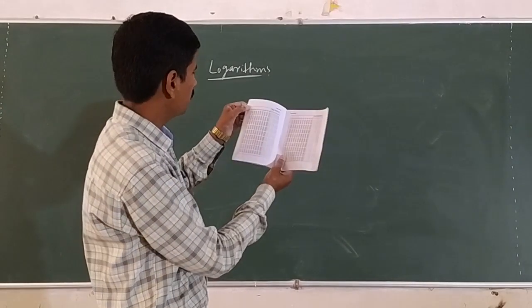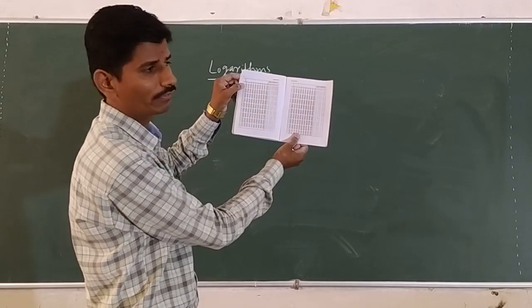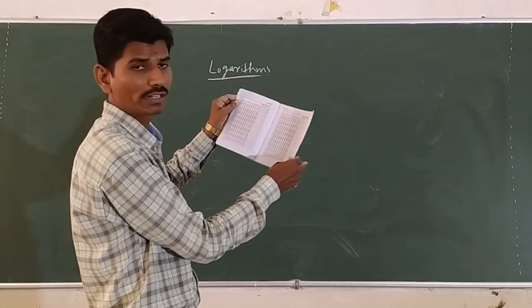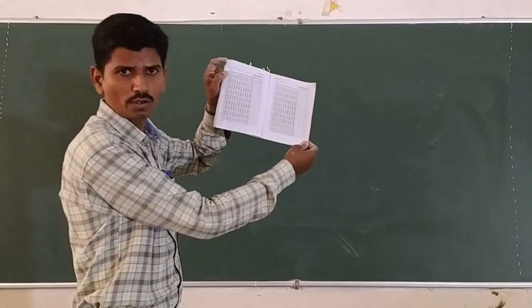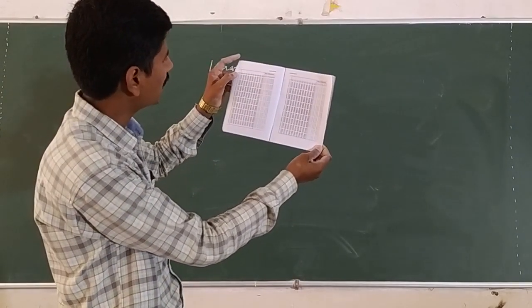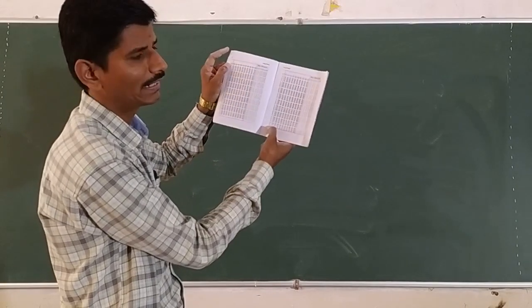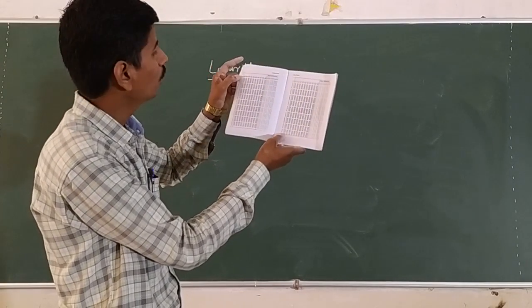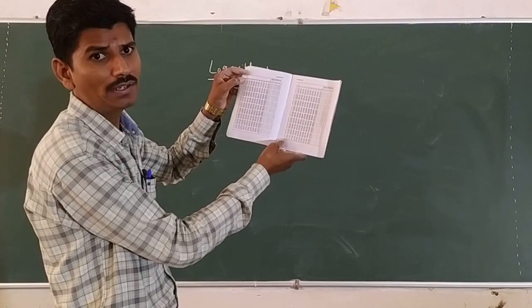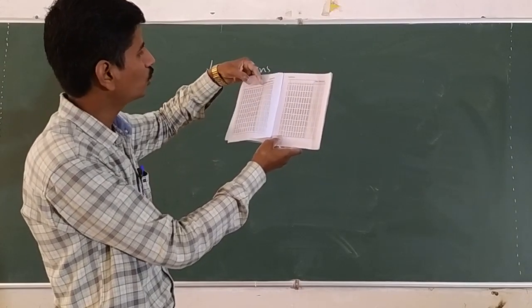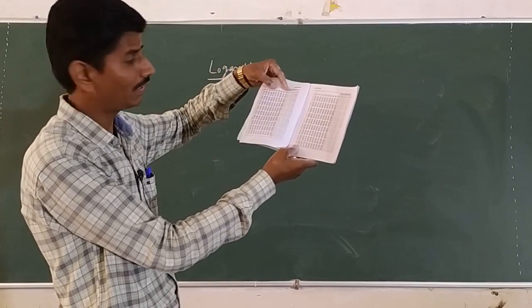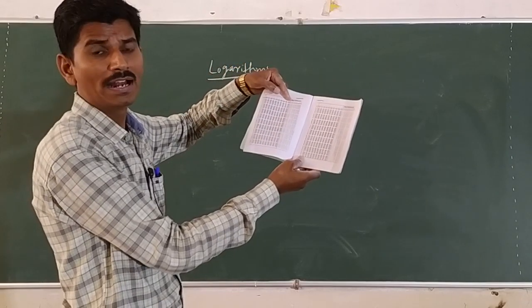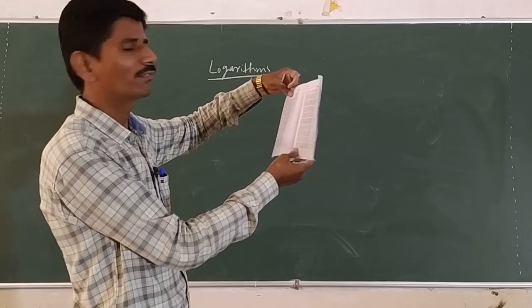See on page number 6, the logarithm tables are given. How to calculate logarithm and anti-logarithm using the logarithm table? This is a logarithm table. Here the logarithm starts from 10 and ends with 99, 10 to 99. This is the main column. Second, the columns 0 to 9: there are 10 columns, 0 to 9, which are the difference columns.